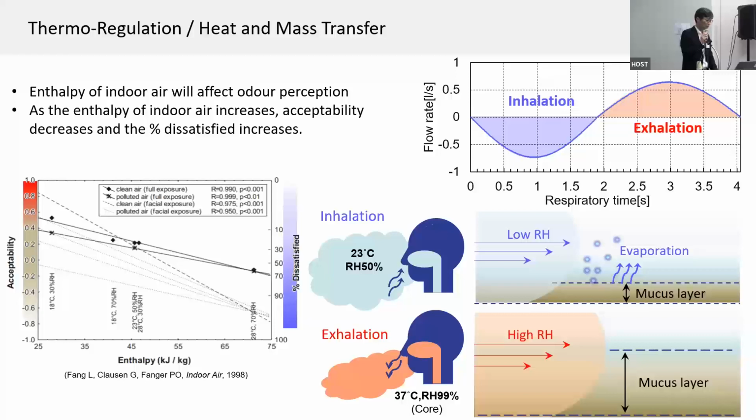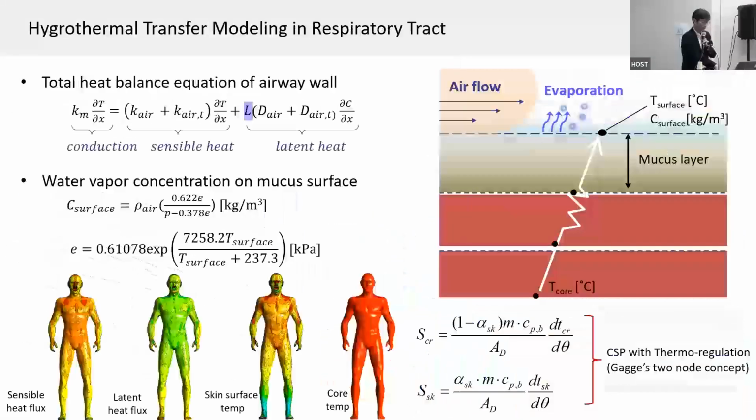As the enthalpy of indoor air increases, acceptability decreases and percentage of dissatisfied increases. Therefore, in order to analyze the tissue dose of chemicals in the nasal cavity, we must conduct the integrated simulation of heat and mass transfer, including the water vapor pressure.